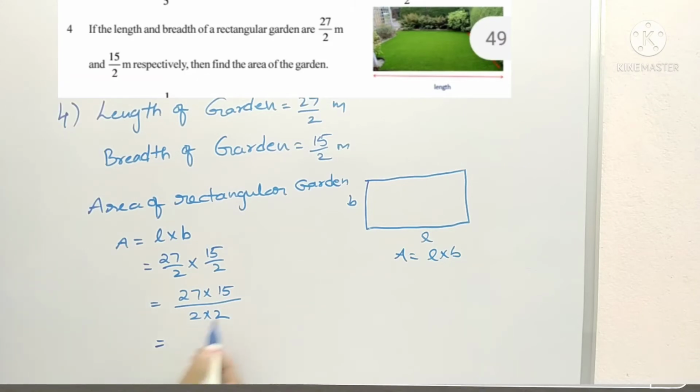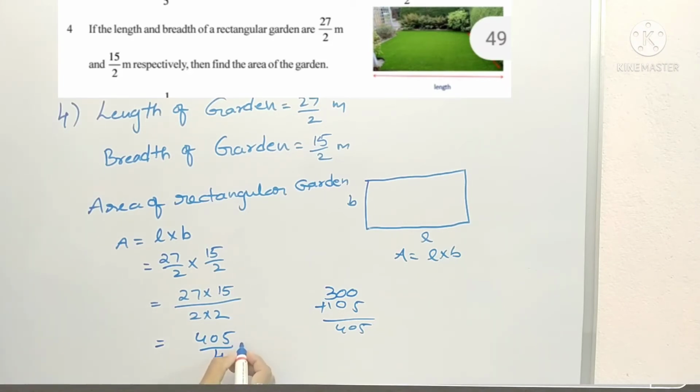So here 15 2s are 30. So then 15 20s are 300 and 15 7s are 105. So after adding this will become 405. Okay, in a simple way you can do the multiplication. 2 2s are 4. So this is 405 by 4.